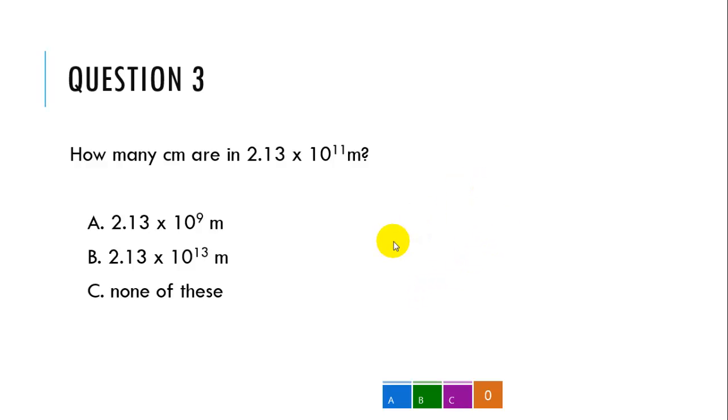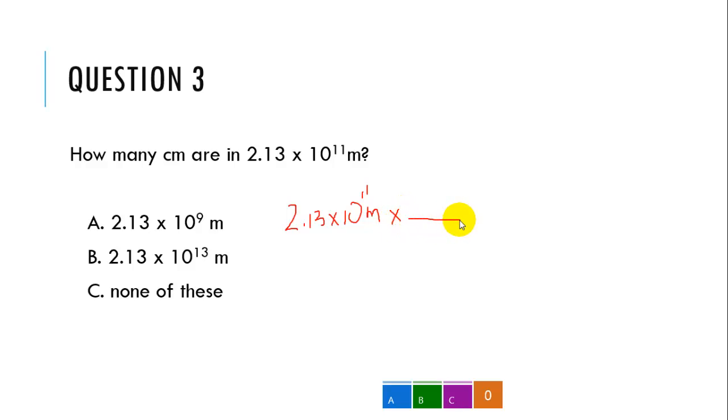Now let's work out a little problem here. How many centimeters are in 2.13 times 10 to the 11th meters? So you're going to convert this to centimeters. So go ahead and set it up using factor label. Pause. All right, you're back with me. You have your 2.13 times 10 to the 11th meters.